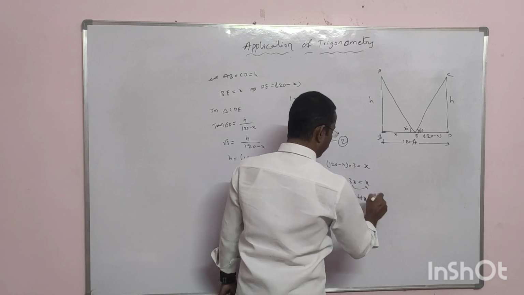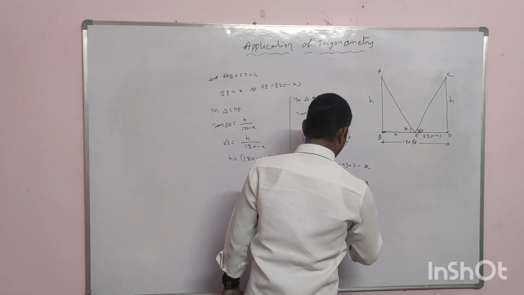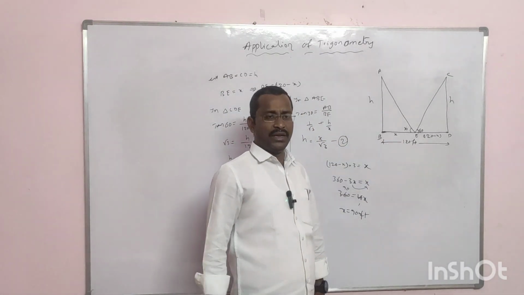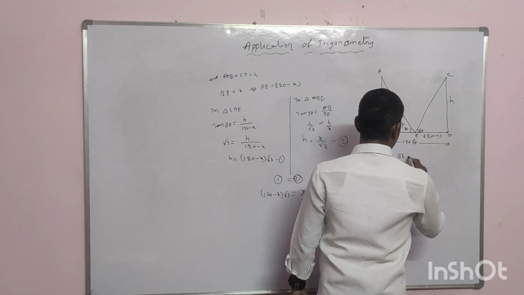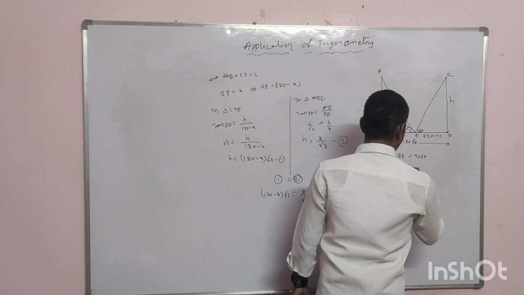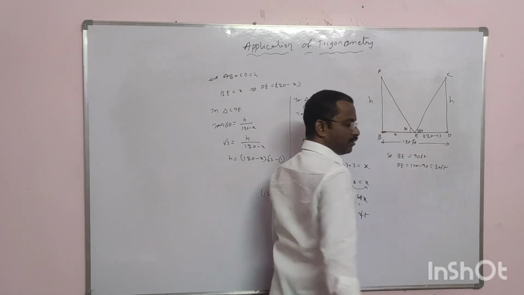Endukani transport the 3x to the next side. So 4 ones are 4, 90s are. So x equal to what, Nana? 90 feet. What is x? BE is equals to 90 feet. DE is equal to 120 minus 90, 30 feet.